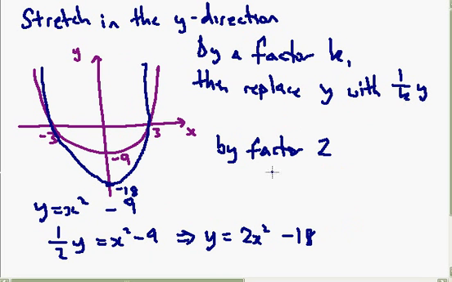Notice how with the y direction we can write this as y is equal to k f of x, because 1 over k y is equal to f of x, and you just multiply both sides by k. So y is equal to k f of x. We're in the y direction, and what's happening is outside of the bracket. These are little things to pick up on that are common throughout the transformations.